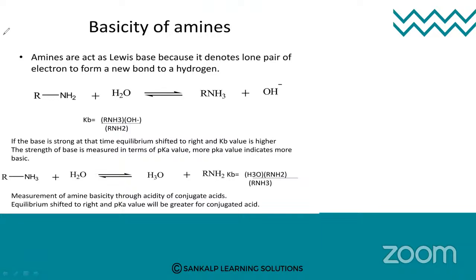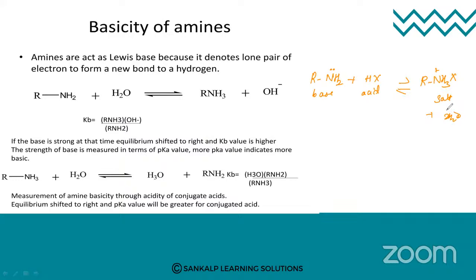Now, when we are discussing chemical properties, that means how they react, right? Suppose we have amines, and this reacts with acid, HX is an acid, and your amines are a base.